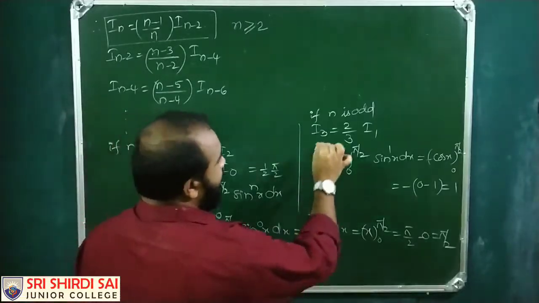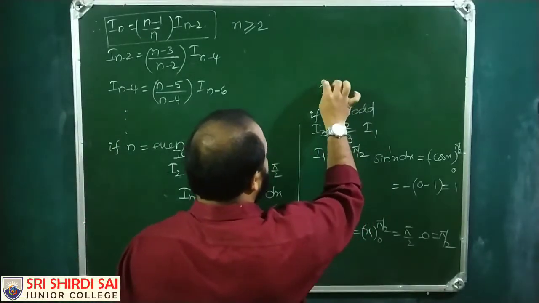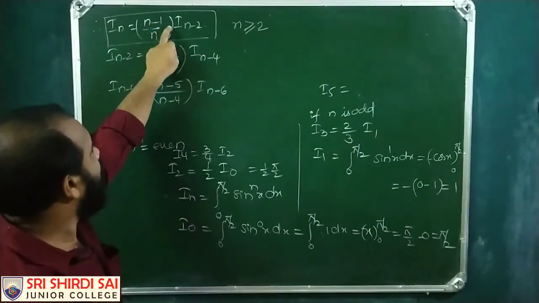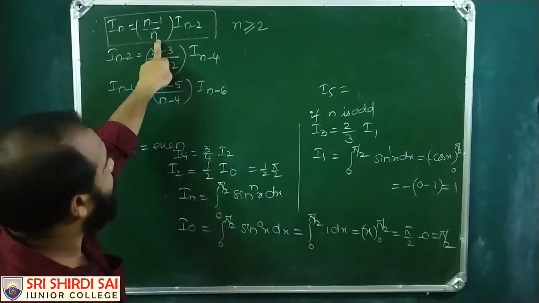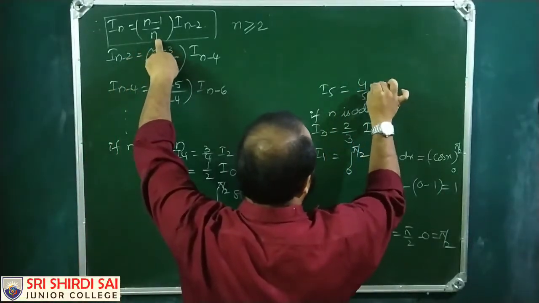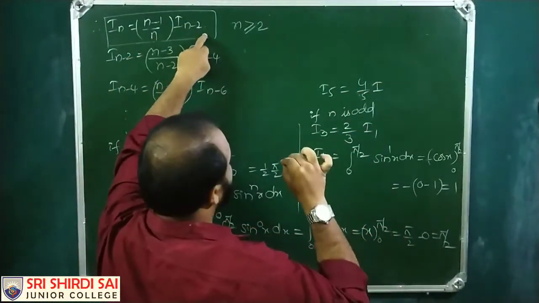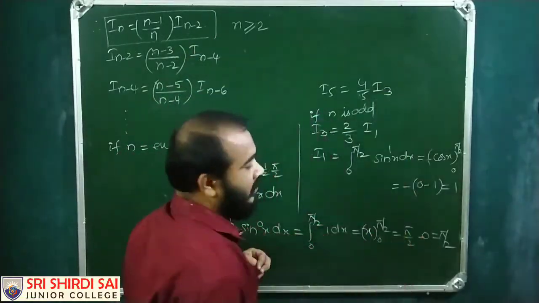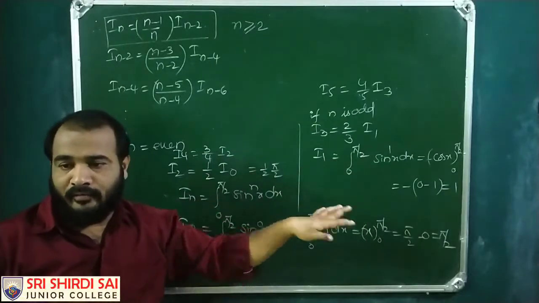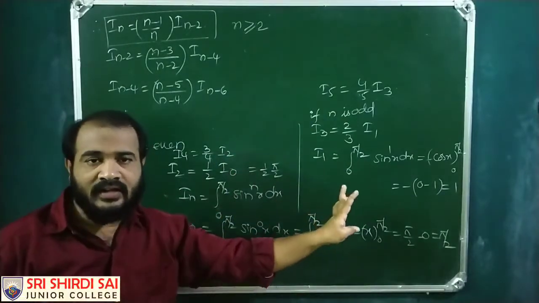If I am writing I5 here, what is I5? Substitute simply: 5 minus 1 by 5, so 4 by 5 into I5 minus 2, which is I3. Therefore, I am winding up with the ultimate answer.